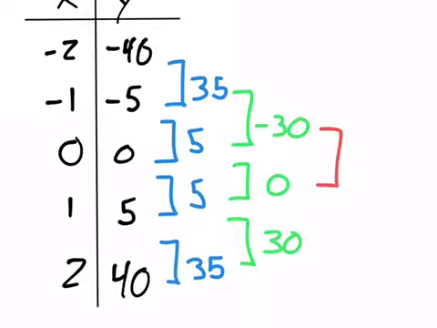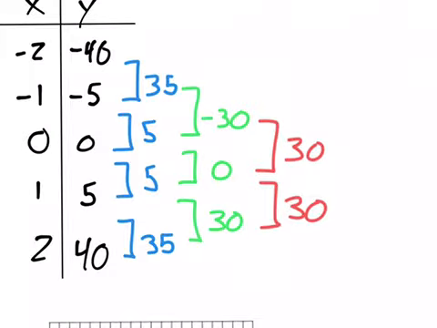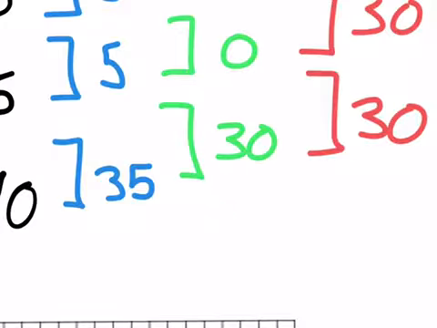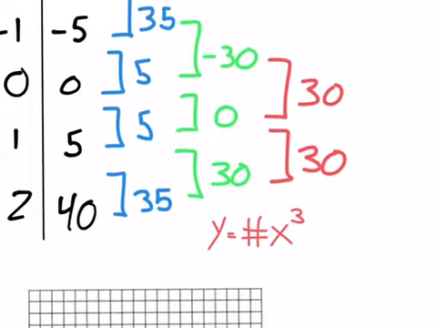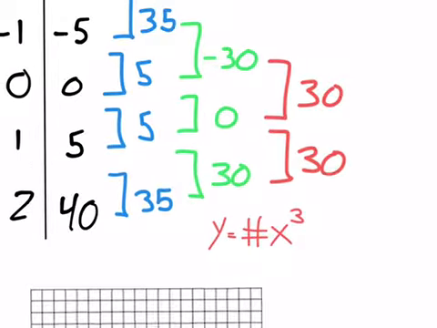And so now this third rung on the ladder finds that constant change of 30. So once again, we're not going to use this 30 for anything. It just told us that we can stop searching on our tree diagram, and we can set up our equation as y is equal to some type of bonus number, and then x to the 3rd power, because it took us 3 rungs to find it.